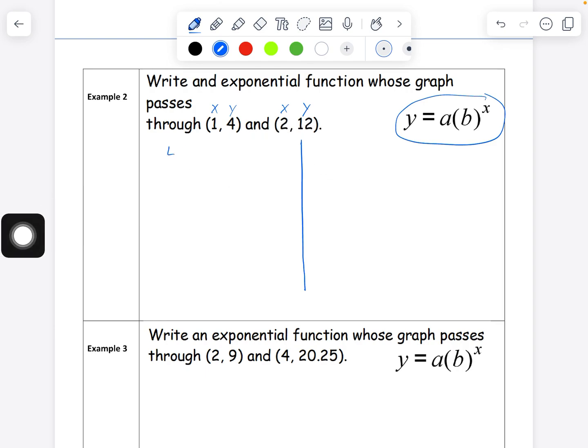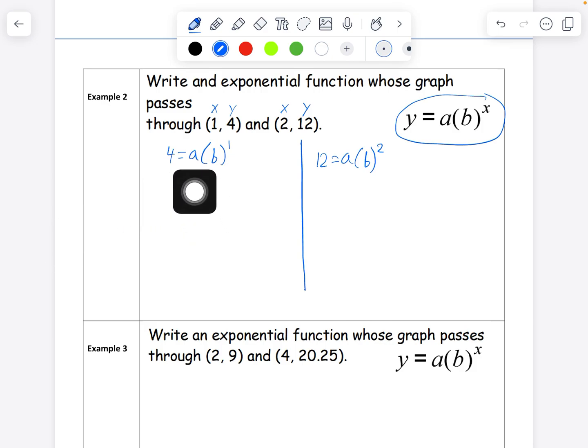So we can assume that 4 is equal to a b to the first power. Then I'm going to do the same thing on the other side, using 2 and 12. 12 is the y value, so 12 equals a times b squared. Now I want to solve for a in terms of b.